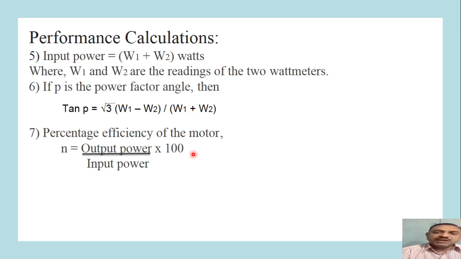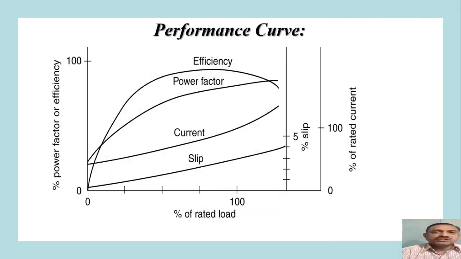Now all these parameters, whatever we do the calculations, we can put in a graphical way. So that is shown in this particular slide. The x-axis will denote the percentage of the rated load. We can get up to 100%, and as per specification motor, we can load it 110, 120%.